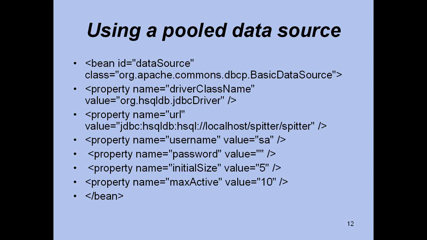The second method is using a pooled data source. Whenever you configure a data source using JNDI, that is the best method, because your server will be able to pool the connections. We talked about connection pooling while discussing Hibernate. For connection pooling, whenever you request a connection object, a new connection will not be created all the time.